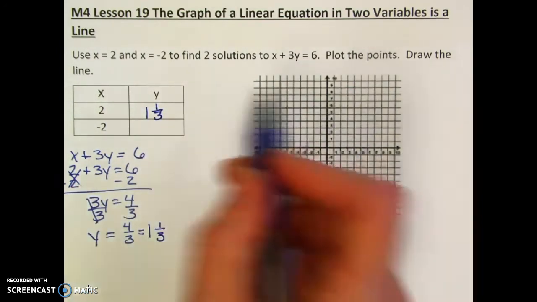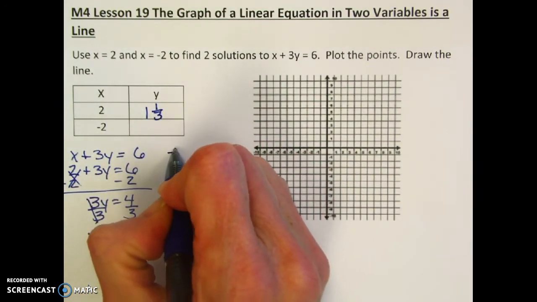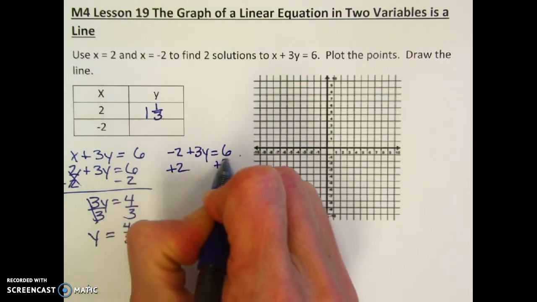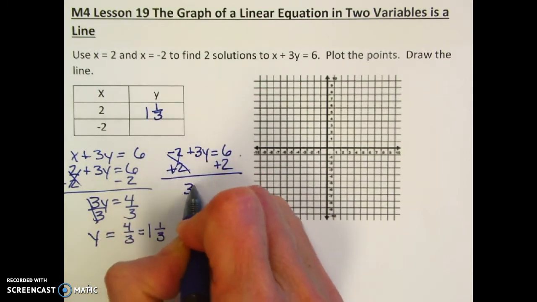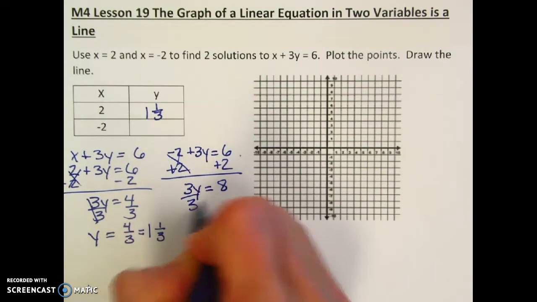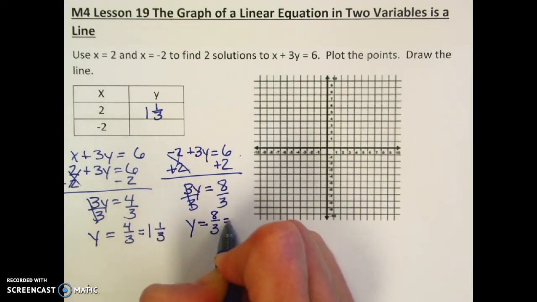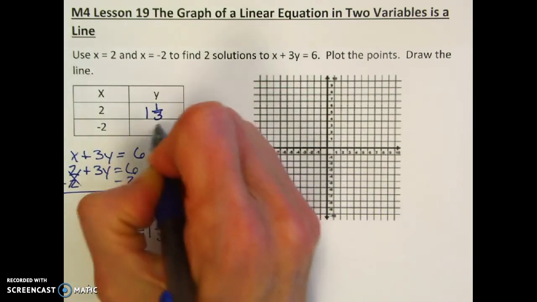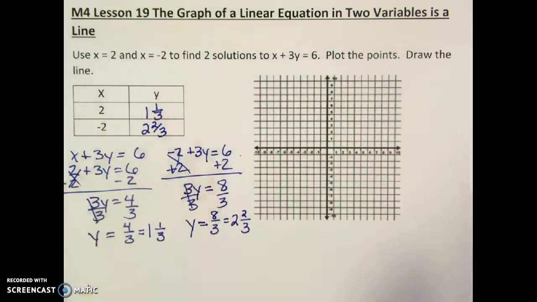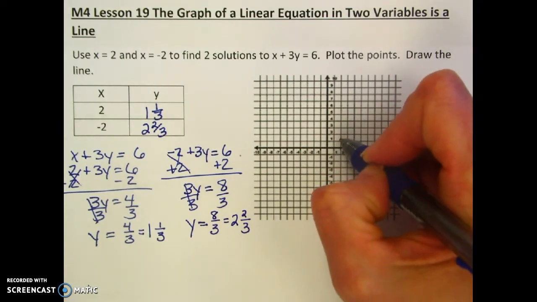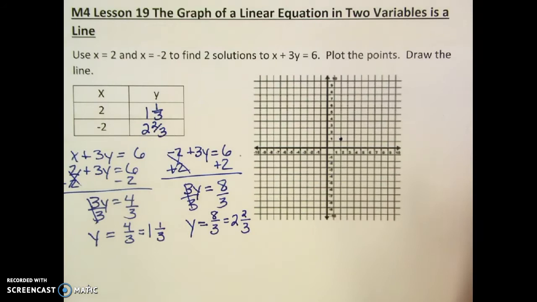Now I need to do the same thing again. This time I want to put negative 2 in for x and solve it. So this time I'll add 2 on both sides, divide by 3, and this time I get 8/3 or 2 2/3. So now I'm going to plot those points. 2 over, up 1 1/3, you're kind of just guessing in there.